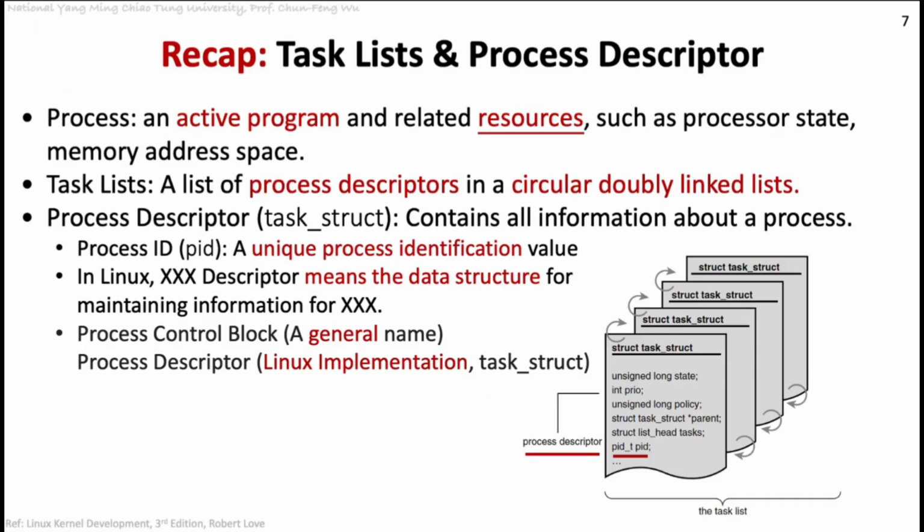A process is a runnable program, so it includes some resources, because if you are going to run a program you need a CPU, right? And you need memory because you need to put the program in memory. When Linux keeps track of this kind of information, those resources are needed. So a process means the active program and its related resources.